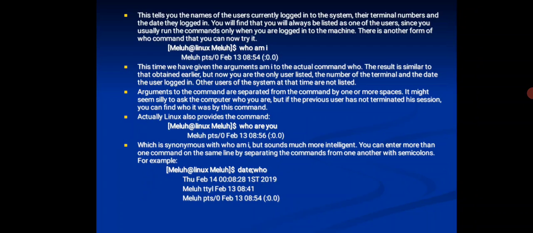The result is similar to that obtained earlier, but now you are the only user listed, with the number of the terminal and the date the user logged in. The previous who command gave the names, times and dates of everyone who had entered, whereas now only your own user name, time and date are represented, right.